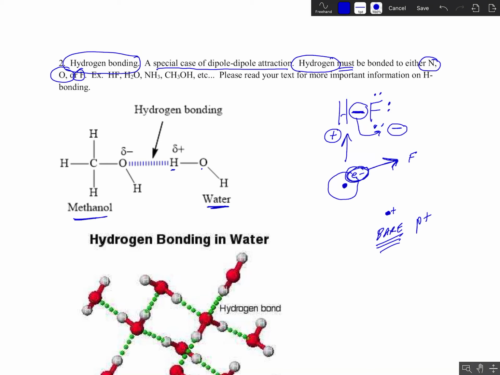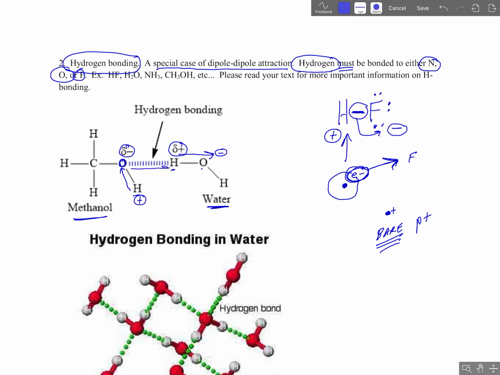Water has hydrogen bonded to oxygen. The electron that's being shared between hydrogen and oxygen is spending all of its time around oxygen, and that makes the hydrogen a very positive charge, and there's no electron covering its proton at all. In methanol, don't we have the same situation? Don't we also have hydrogen bonded to oxygen, so that pair of electrons is spending all of its time around oxygen, giving it a very negative charge, and this hydrogen has a bare proton.